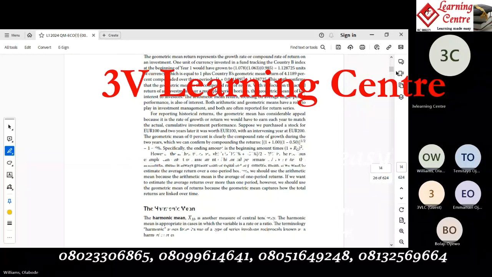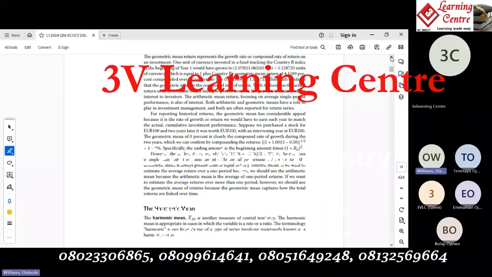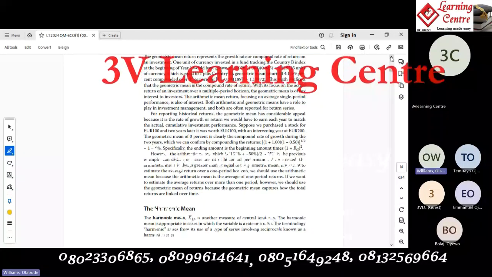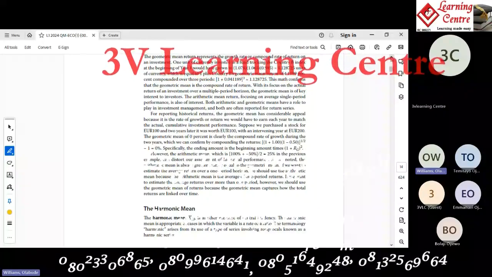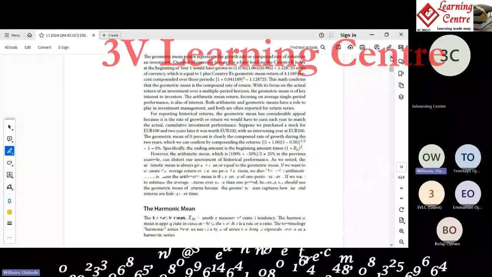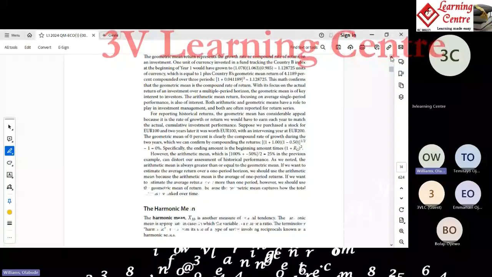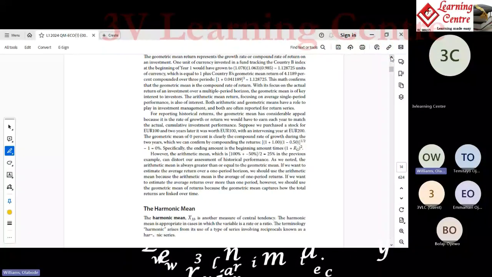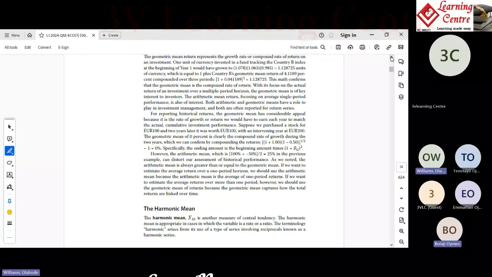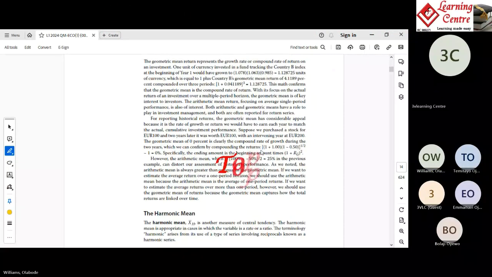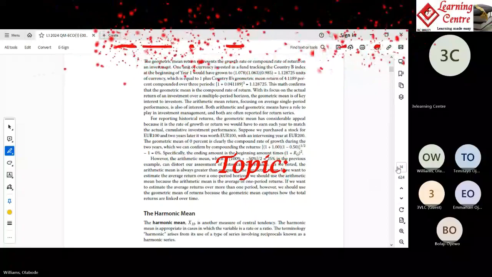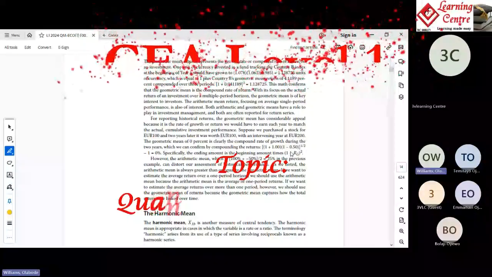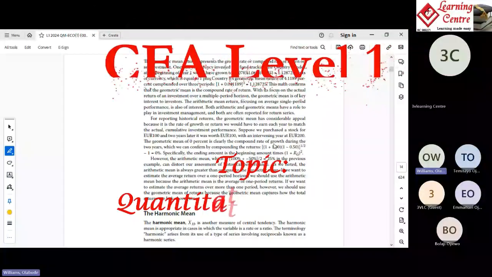Now, just as a refresher, who can state the formula for calculating holding period return? Just state it out without consulting your notes. No one can remember the formula for holding period return?